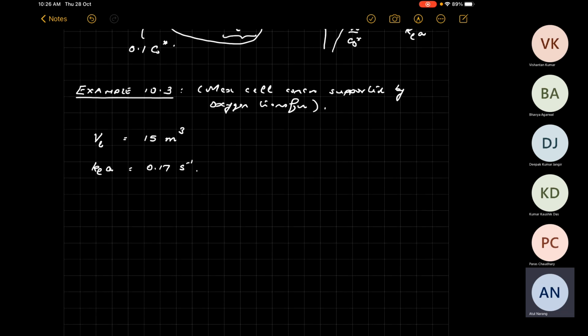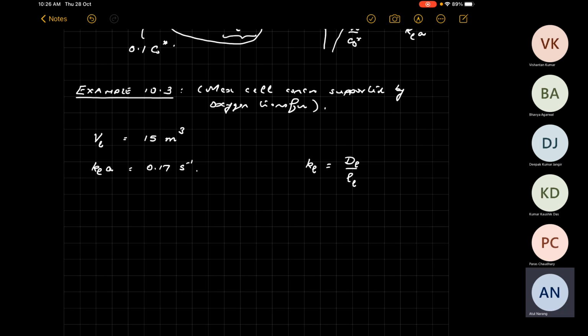To see that, recall that KL for us, according to the film theory, was nothing but DL divided by LL, where DL was the diffusion coefficient of oxygen through the liquid, divided by LL, which is the thickness of the film on the liquid side.